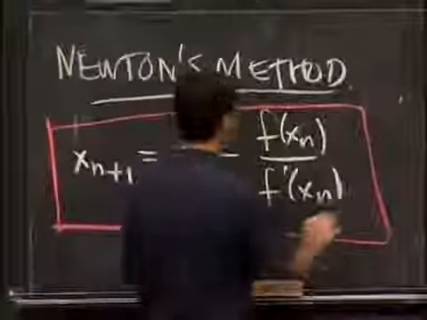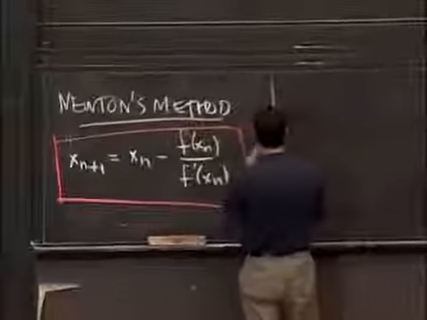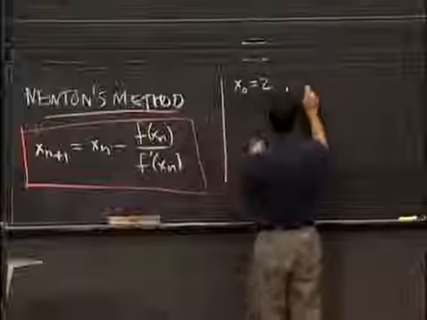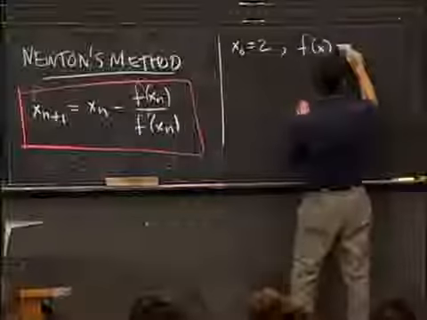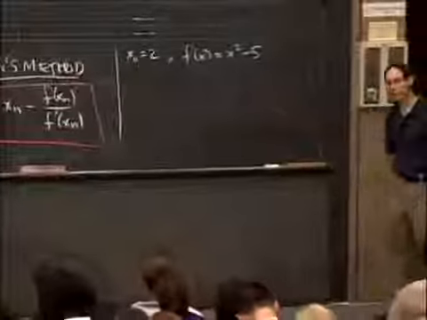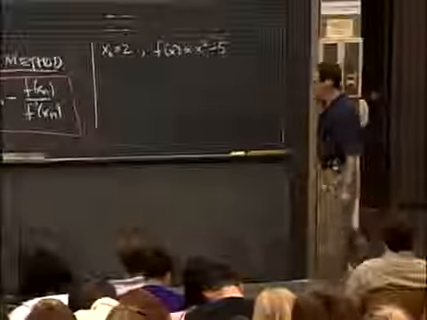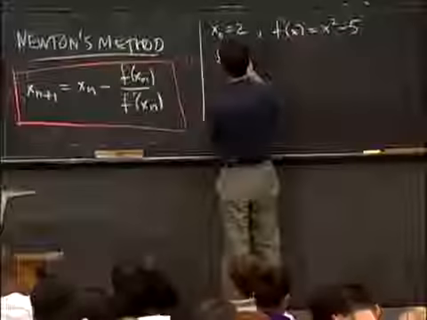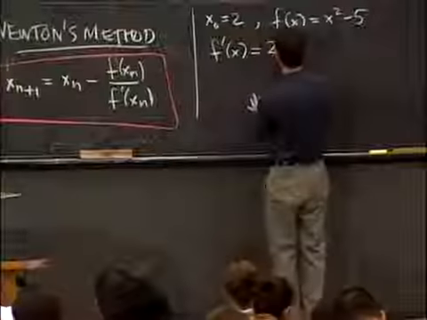All right, so let's see how it works in the case that we've got, which is x0 is equal to 2, f of x is equal to x squared minus 5. So let's see how to implement this formula. First of all, I have to calculate for you f prime of x. That's 2x.